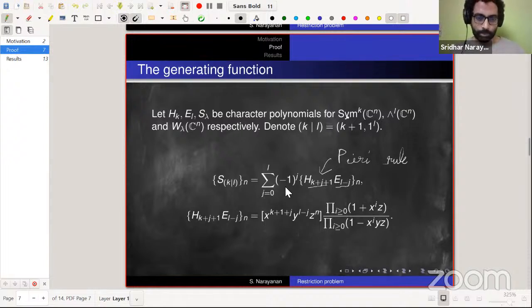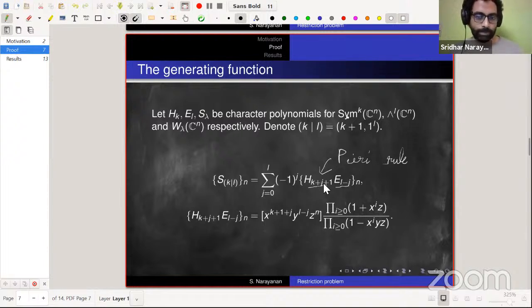Right? So if you just look at this summation, you'll notice a few things. If you consider two consecutive terms in this summation, we notice that the sign changes between the two of them, and also the value of the subscript of h increases by 1 as the value of the subscript of e decreases by 1.